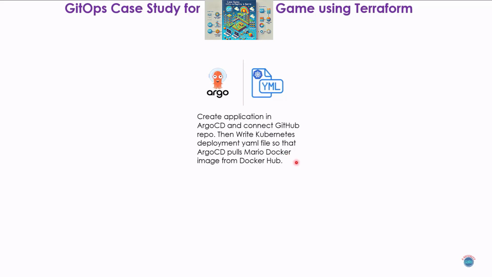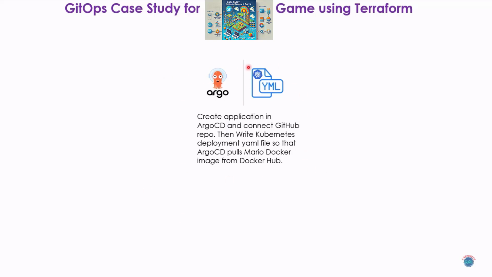So as a prerequisite to deploying our Mario Docker image, we will have to create an application with ArgoCD. We will have to connect ArgoCD with our GitHub repo. We will also have to write a Kubernetes deployment YAML file using which ArgoCD will pull our Mario Docker image from Docker Hub.